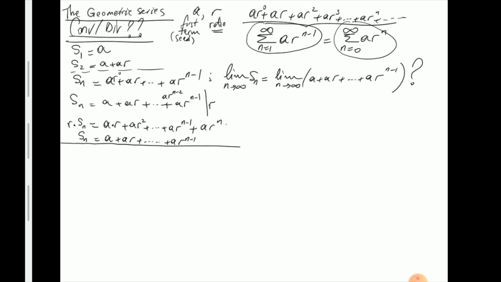Now if I subtract the two, to be more precise, if I subtract r Sn from Sn, then I'm going to have a huge cancellation. All the terms from ar to a r to the n minus 1 will cancel out. So Sn minus r Sn ends up being a minus a r to the n.